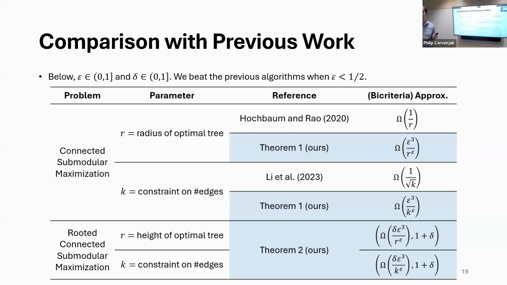So we can choose epsilon to be 1/3 or 1/4, it doesn't really matter. And there's the result for the rooted connected submodular maximization problem. There are also algorithms on a more general budgeted version of our problem, and they also have a similar budget violation, but they also have a square root of K in their approximation. That's not really that important.